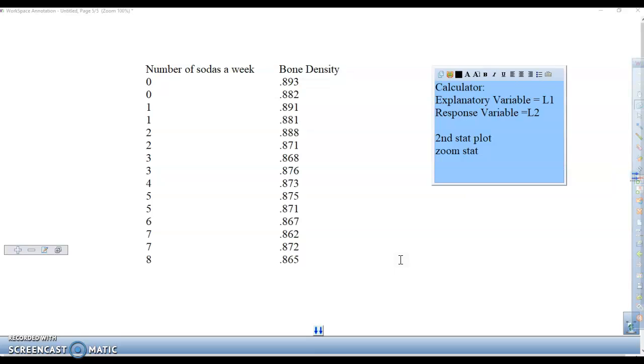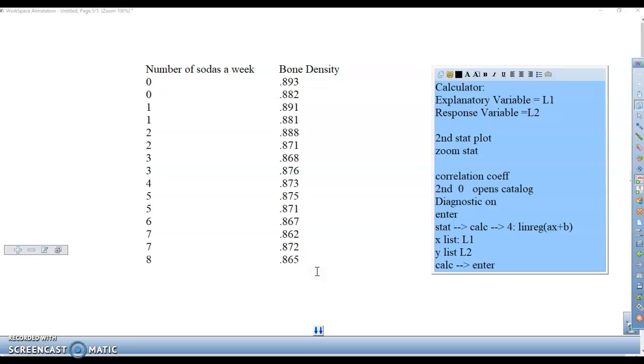To graph, you're going to go to second stat plot, go over and select the one that looks like a scatter plot, and then if you press zoom stat, that should give you the look of the scatter plot. To do the correlation coefficient on your calculator, there's a few more steps that we have to follow.